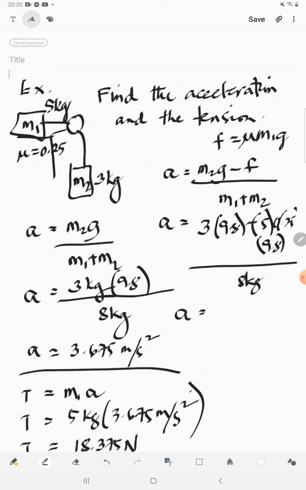So our A is 2.14 meters per second squared.